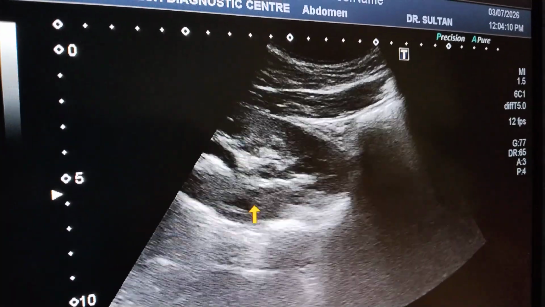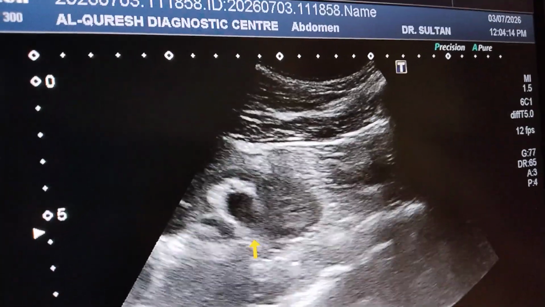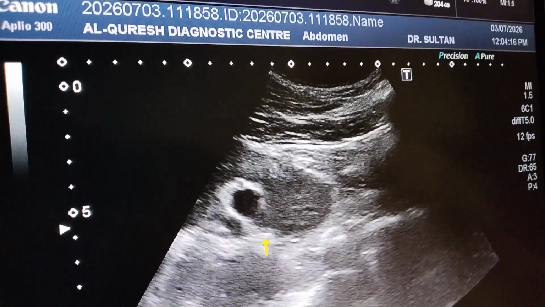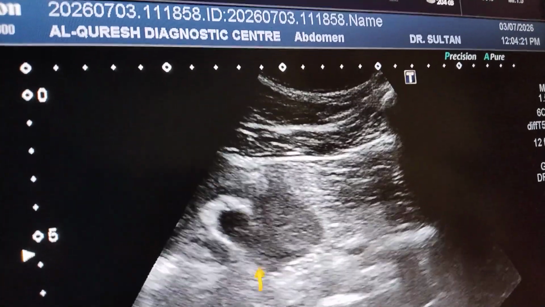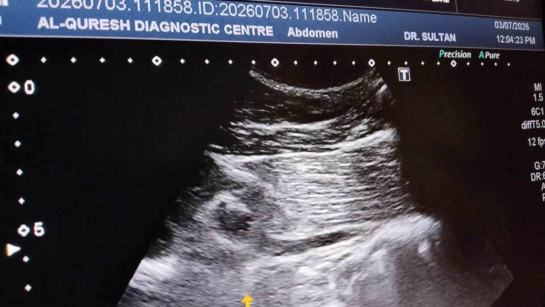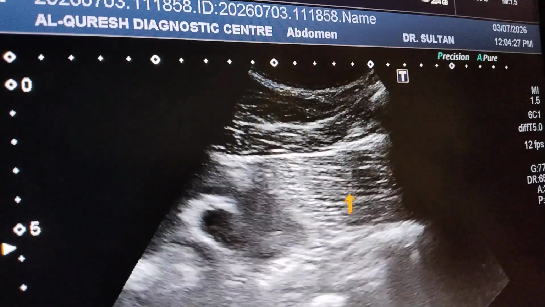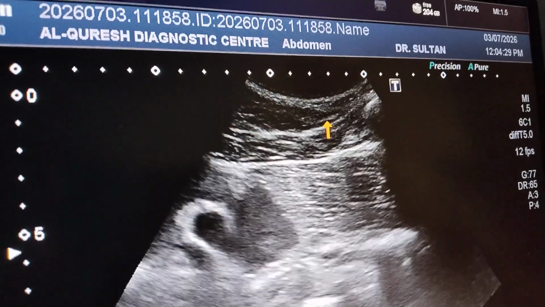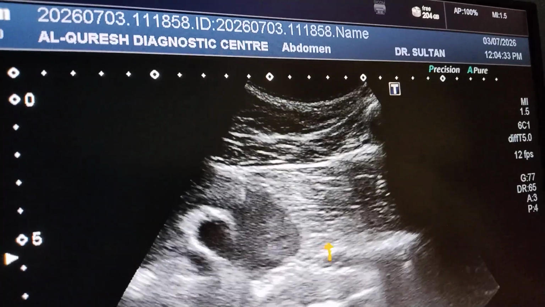So here, this is the kidney, and I have placed the probe at the lumbar region where the kidney is on the screen, and this is the psoas major muscle. The psoas will be seen anteriorly when the patient is in prone position.